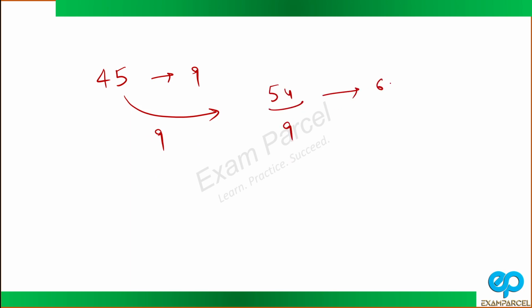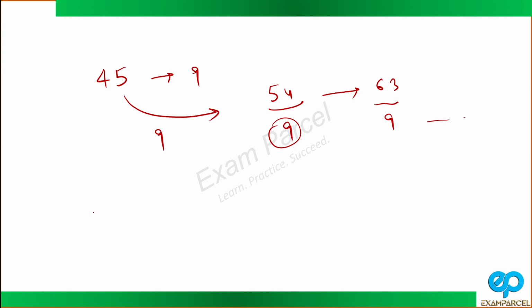Let me take an example of 45. The digital sum would be 9. Now I will keep on adding 9. If I add 9, I will get 54. Again the digital sum is 9. If I again add 9, I will get 63. Again the digital sum is 9, right? So the digital sum is not changing, if you notice.